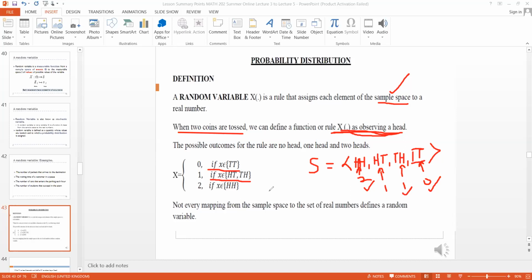And then 2 in the case where x belongs to the outcome 2 heads, so a head and a head. So that becomes the random variable of the process, or the random function of the process. Very well. Let's take another example.